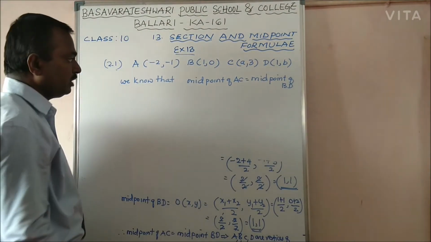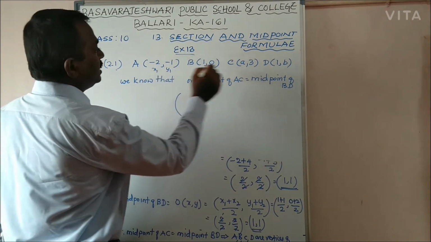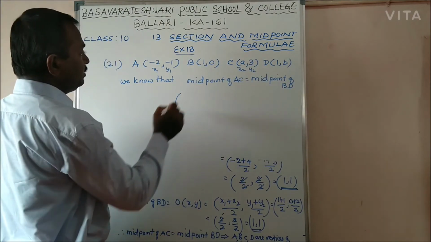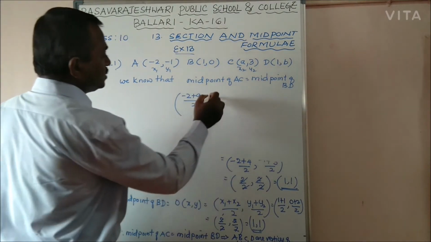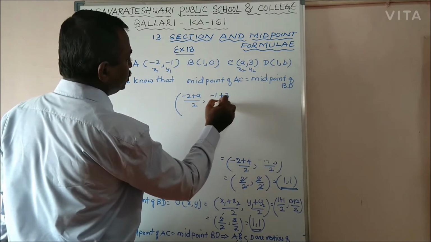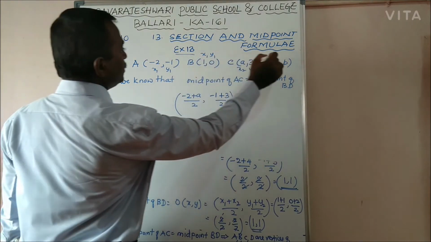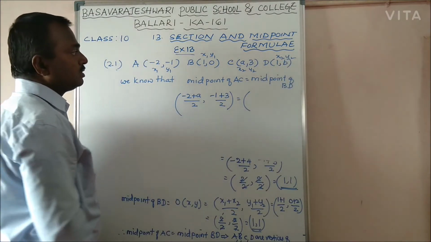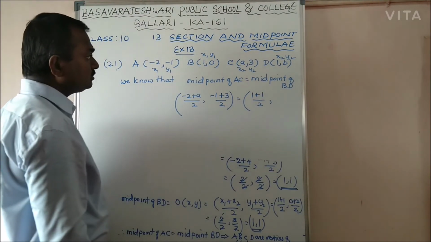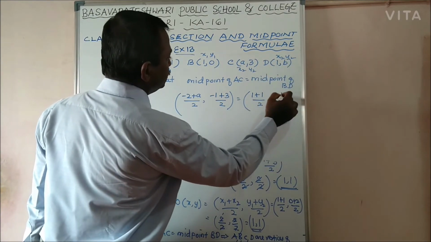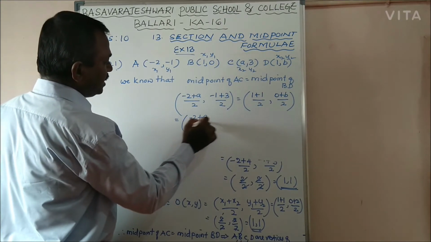So the midpoint of AC: this is x1, y1, this is x2, y2. (x1 plus x2) is (-2 plus a) by 2, (-1 plus 3) by 2, is equal to the midpoint of BD, so (1 plus 1) by 2, (0 plus b) by 2.